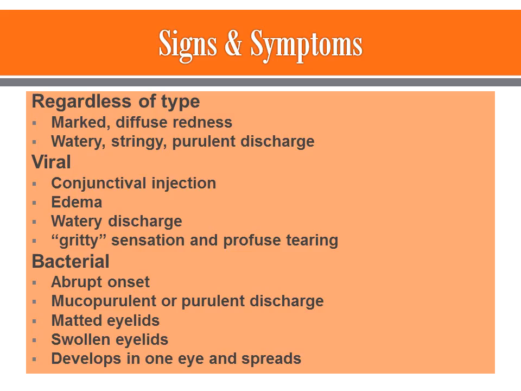Some of the signs and symptoms that you're going to see, regardless of the type, is some type of discharge, whether it's watery or purulent. You're going to see some marked diffuse redness with any type of conjunctivitis. Bacterial conjunctivitis usually has a mucopurulent discharge and usually occurs in one eye without any preauricular adenopathy.